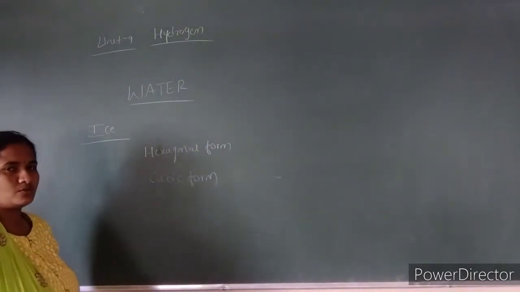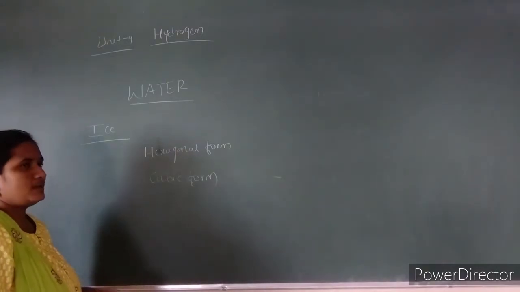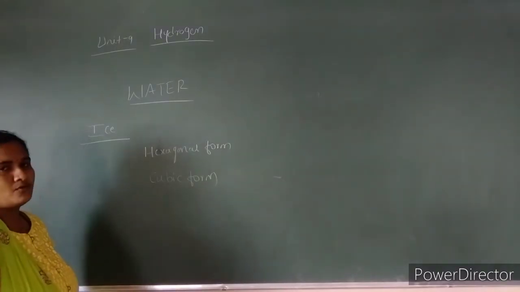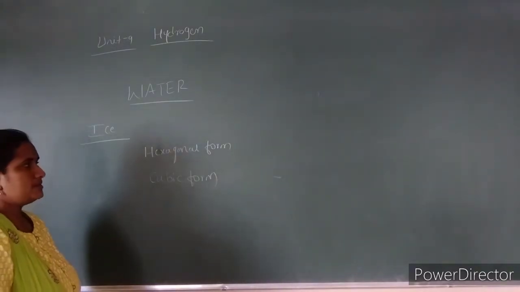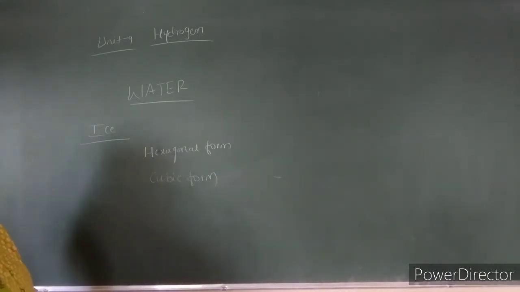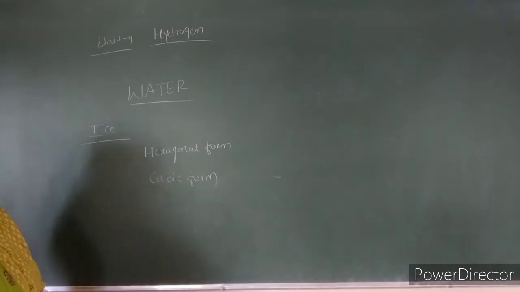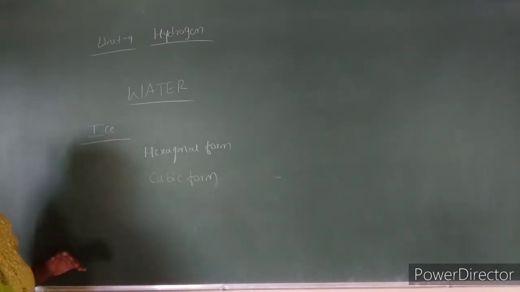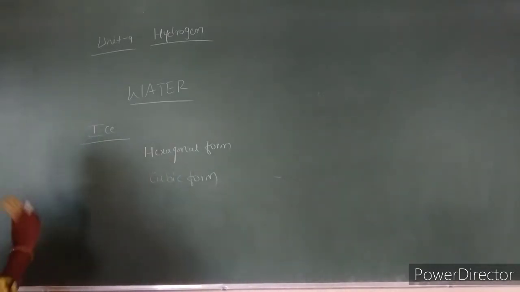But X-ray studies show that each oxygen in a water molecule is surrounded tetrahedrally by 4 other oxygen atoms at a distance of 276 picometer. So ice has lesser density compared to water. That is why ice floats on the surface of water.